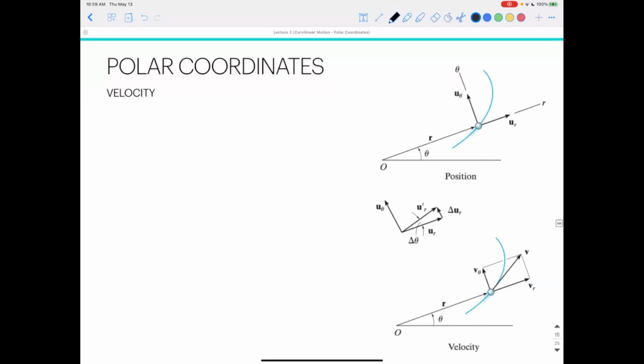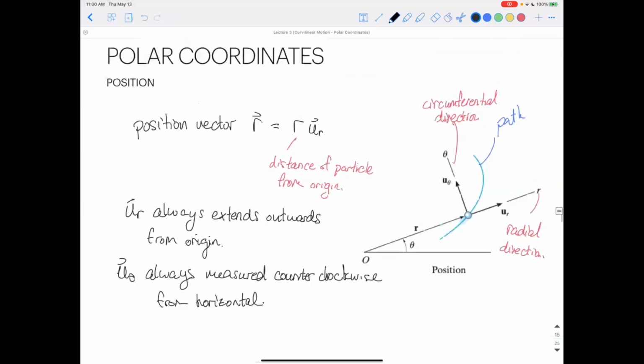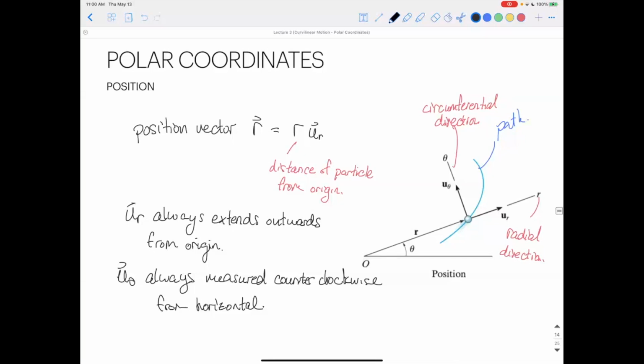So when we want to calculate velocity, the instantaneous velocity is still the time rate of change of our position. So we can write our velocity vector is equal to the derivative of our position vector, dr/dt, which is equal to the derivative of r u r, dt. So in this case, our position vector, that r is going to be changing. So if I go back up here, at some other moment in time, our particle has moved here.